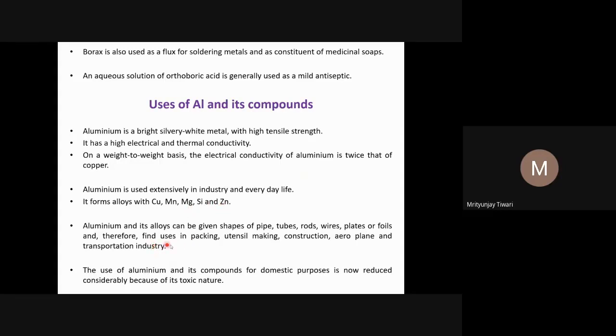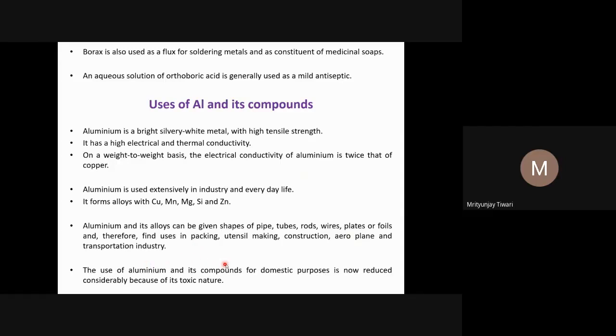Aluminium and its alloys can be given shapes of pipes, tubes, rods, wires, plates, or foils, and therefore find uses in packing, utensil making, construction, aeroplane, and transportation industry. These things are very well known to us.